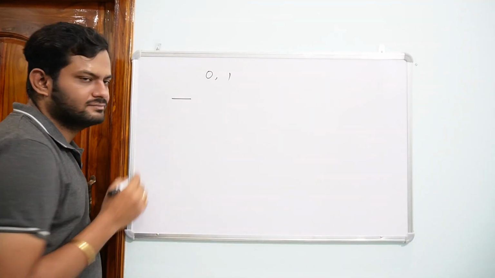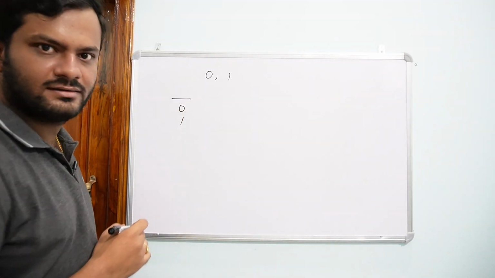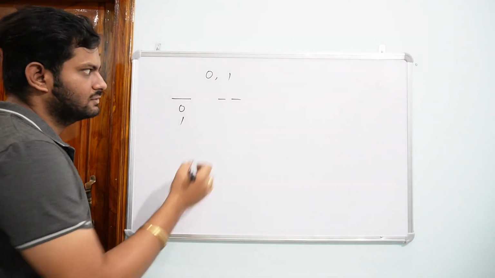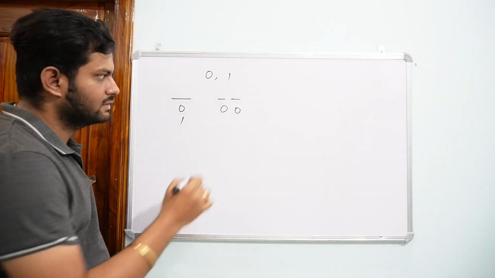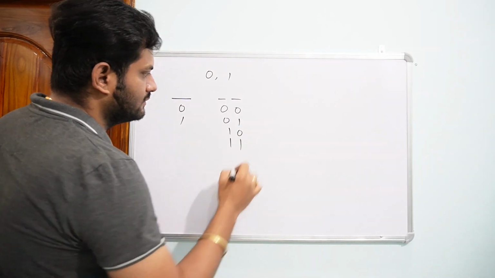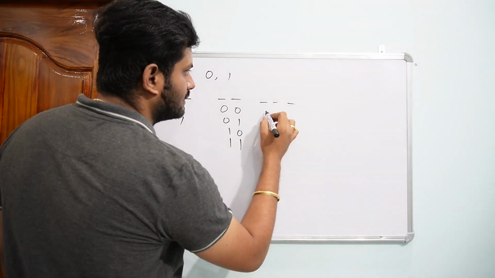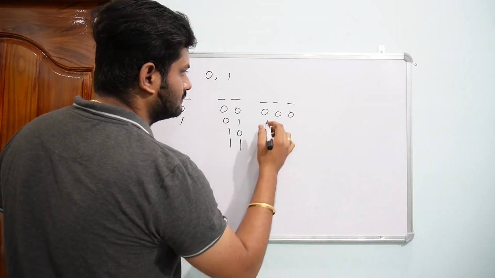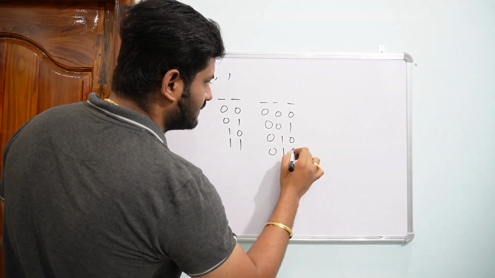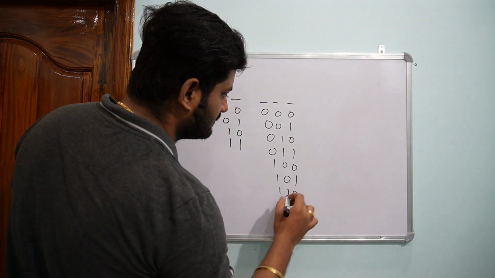If you take 1 bit, you have 0 or 1. If you take 2 bits, you have 00, 01, 10, 11. Similarly, if you take 3 bits, you have 000, 001, 010, 011, 100, 101, 110, 111.